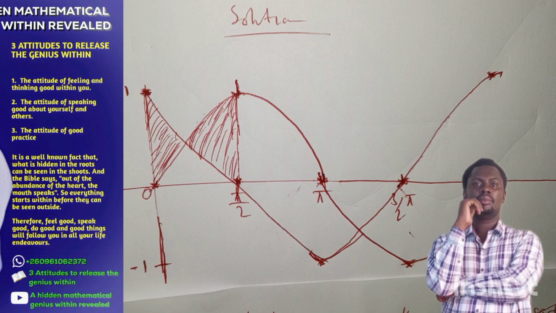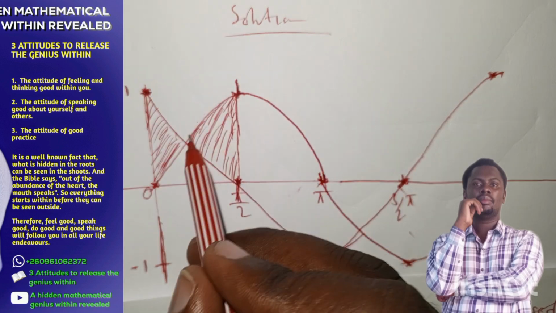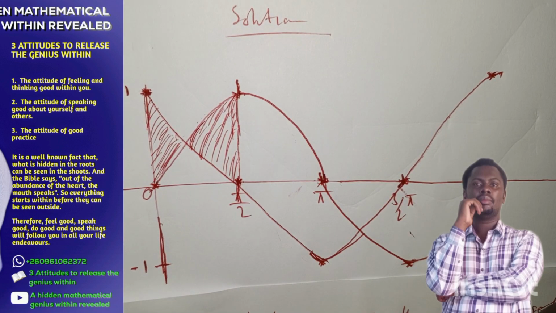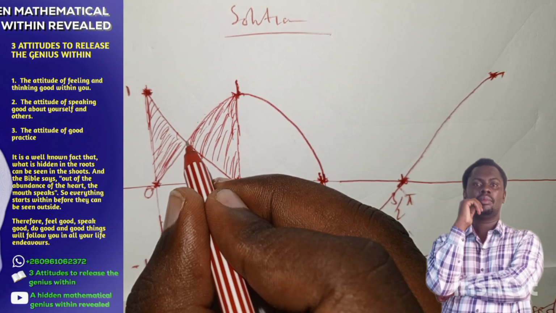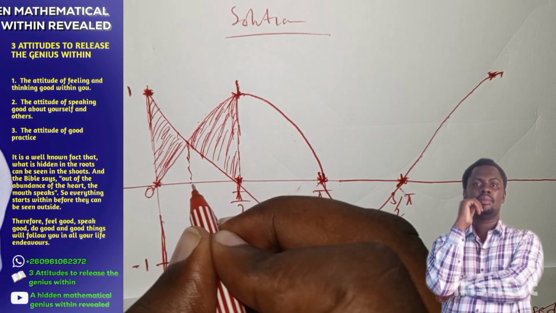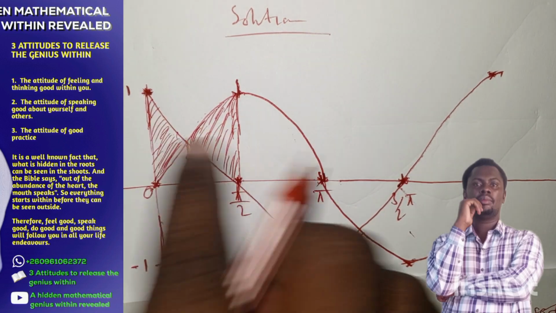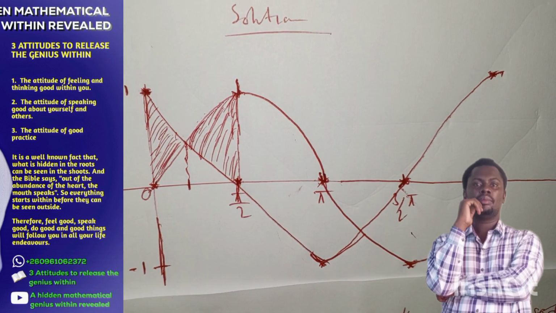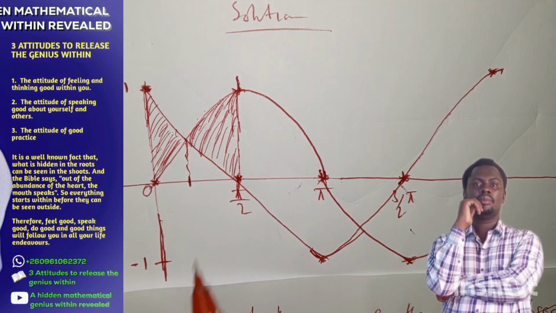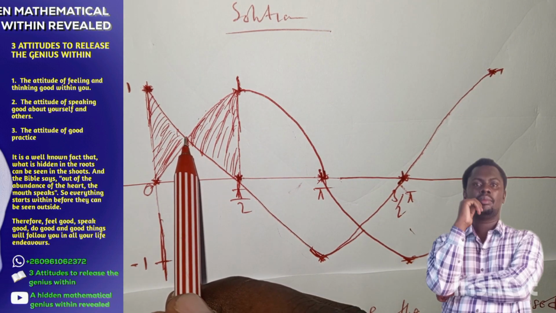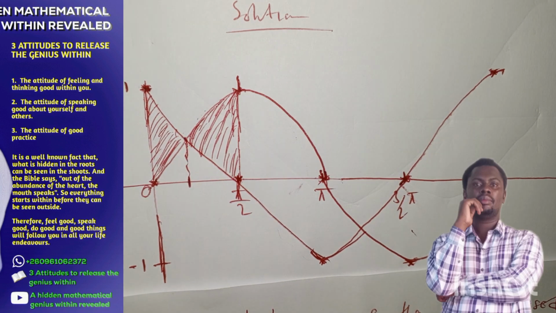Okay, so we are going to calculate this by integration. If you look at this, we can say these are two shapes, this first shape and this one. So first we need to find the value of this angle here, so that we separate these two. This angle here is on the intersection, the intersection for cos x and sine x.